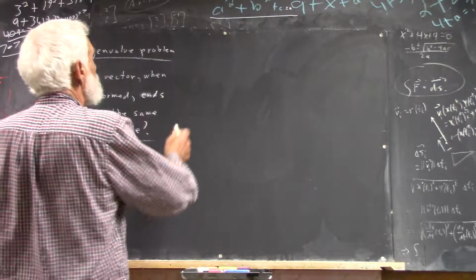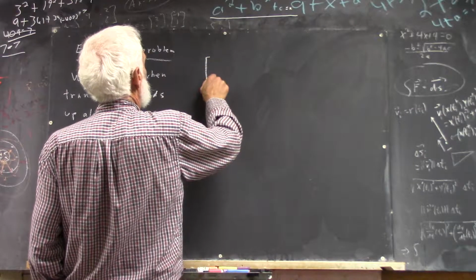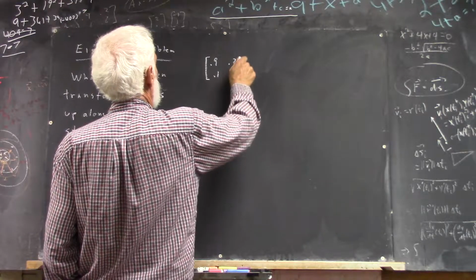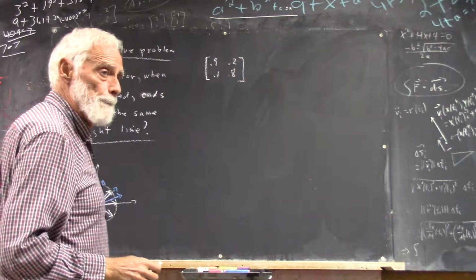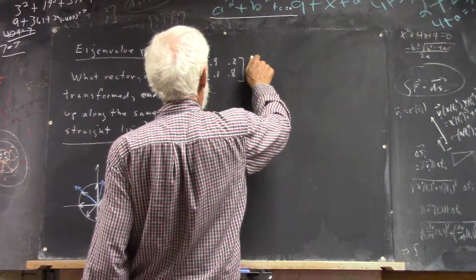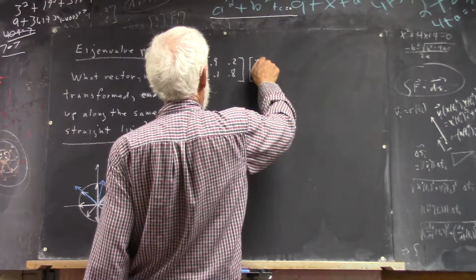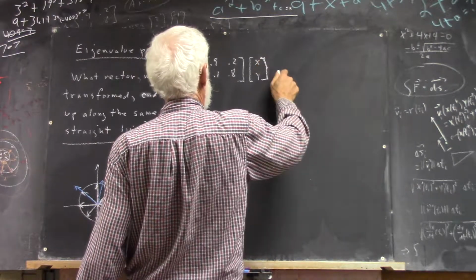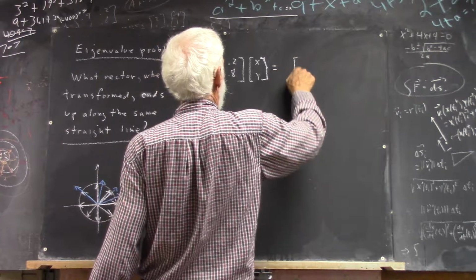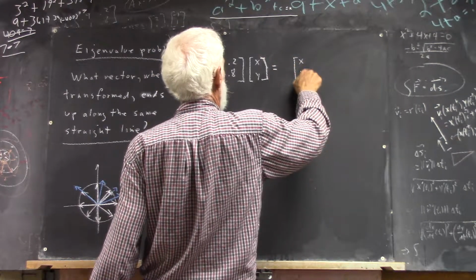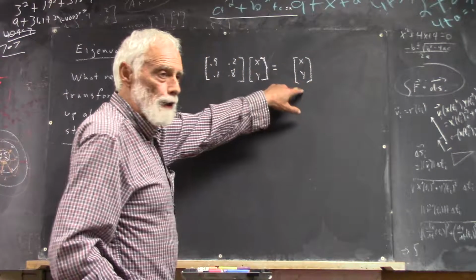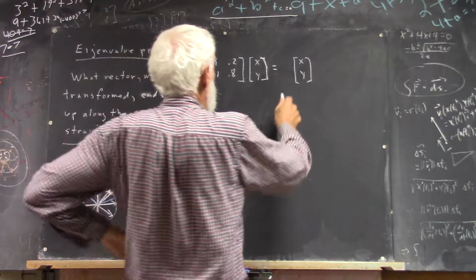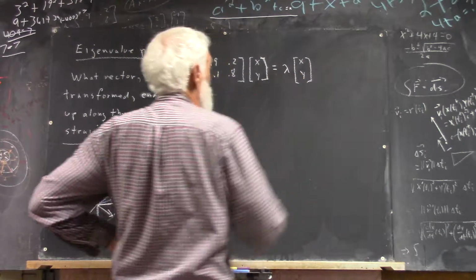So, let's just take the matrix 0.9, 0.2, 0.1, 0.8, the basic same dimensioned matrix, and say that that matrix multiplies the vector x, y, and gives you some multiple of x, y, some number times itself. And I'm going to call that number the Greek letter lambda.